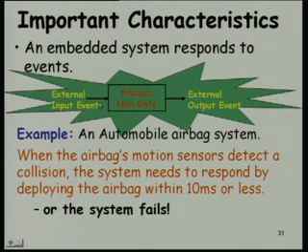So, this diagram just shows that there are events that are recognized by sensors in an embedded system, and the processor processes these and produces external output. Just an example is an automobile system.